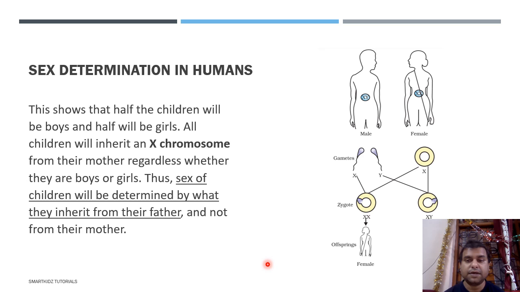But if the male gives a Y chromosome, then the Y chromosome will pair up with the X chromosome of the female. Remember, a female can only give an X chromosome, because she has two X chromosomes. So the X chromosome will pair up with the Y chromosome from the father, and the resultant will be a male, as in this case.